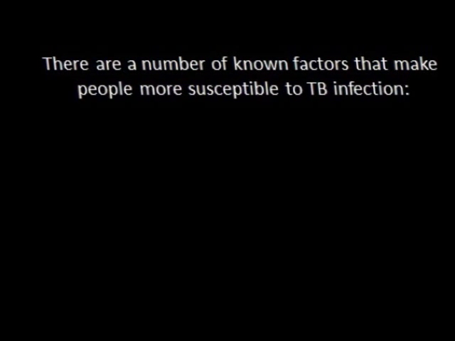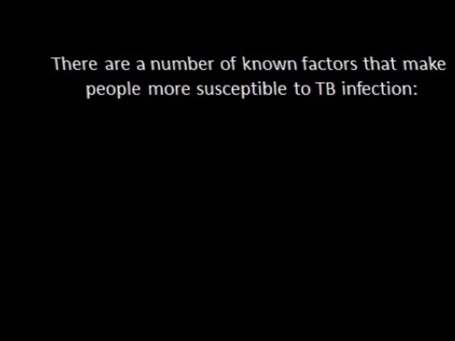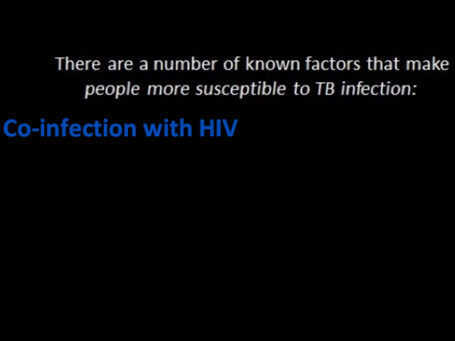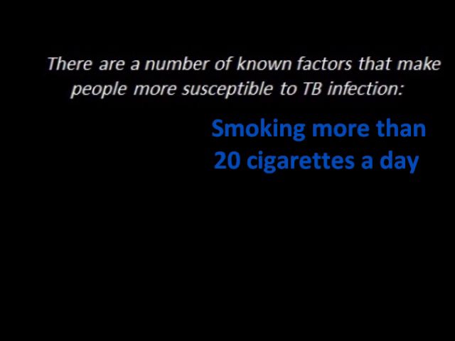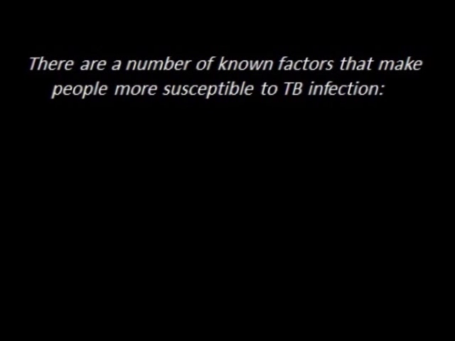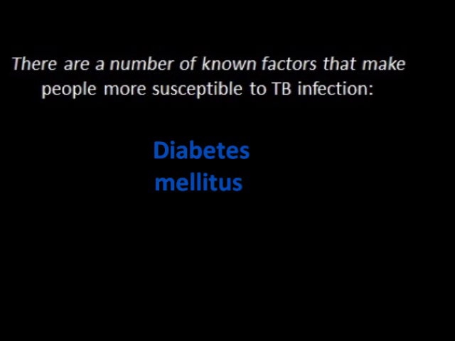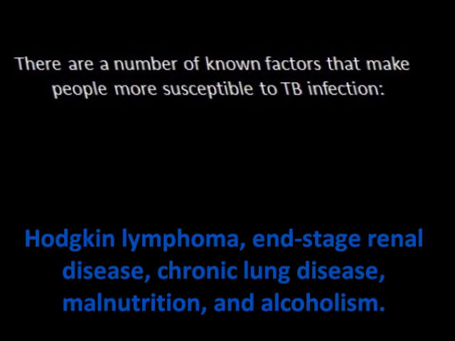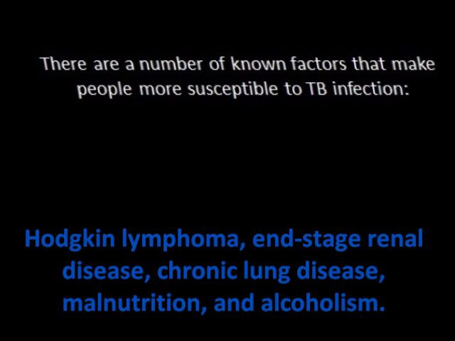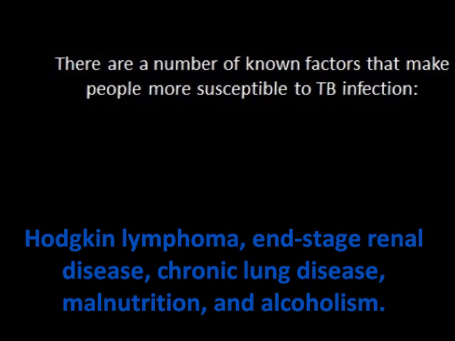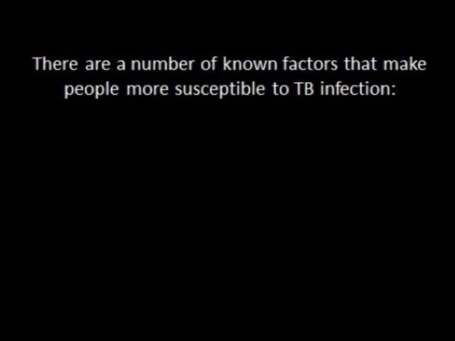There are a number of known factors that make people more susceptible to TB infection: co-infection with HIV, smoking more than 20 cigarettes a day, diabetes mellitus, Hodgkin lymphoma, end-stage renal disease, chronic lung disease, malnutrition, and alcoholism.